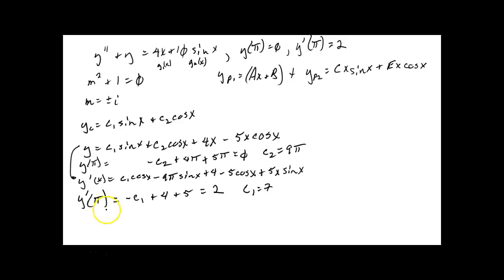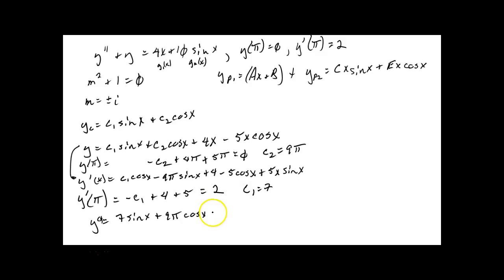So now we can write down our general solution, and you can put y of x if you want to. The C1 was 7 sine x plus C2 was 9 pi cosine x, plus 4x, there it is.